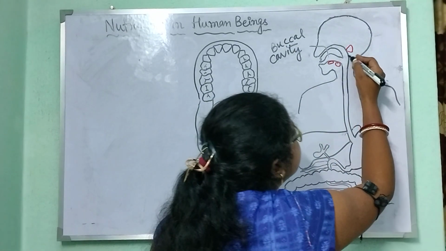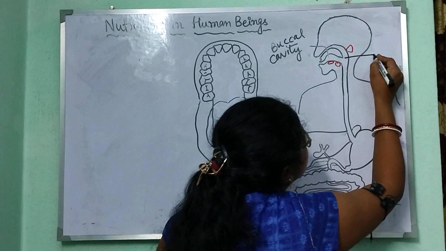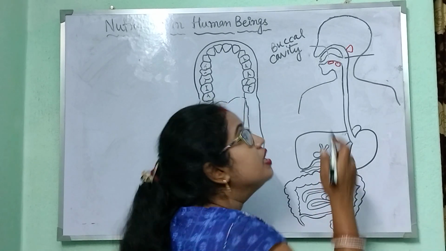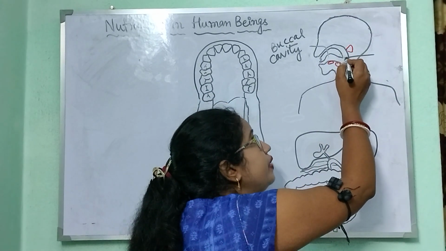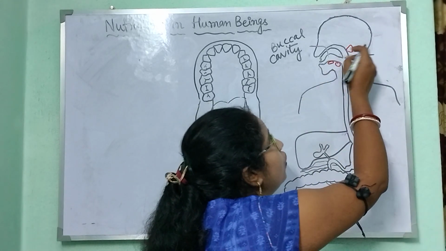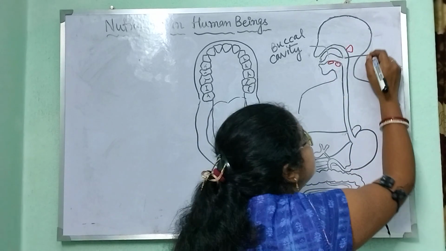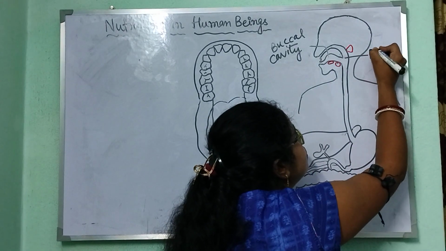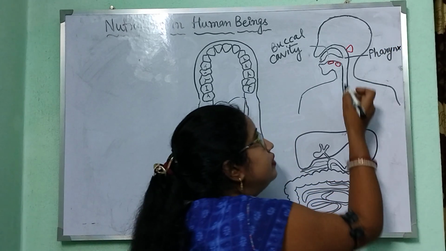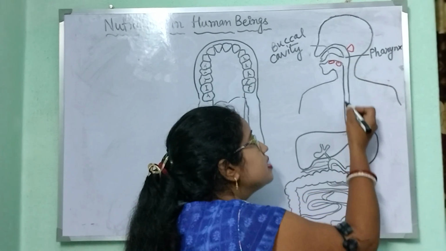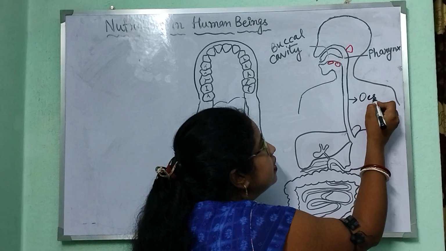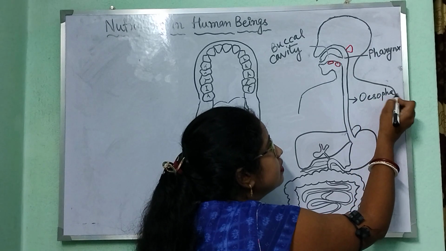Then there is a pipe-like structure where the windpipe, the pipe which starts from our nose, and the mouth pipe or the buccal cavity open into a tube-like structure, and this tube-like structure is known as the pharynx. After that, it has a long tube. This long tube is known as the esophagus.